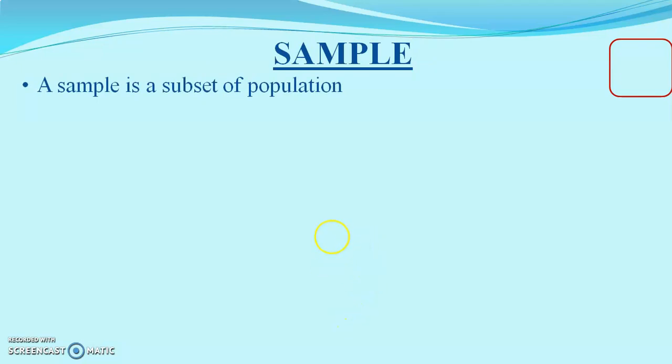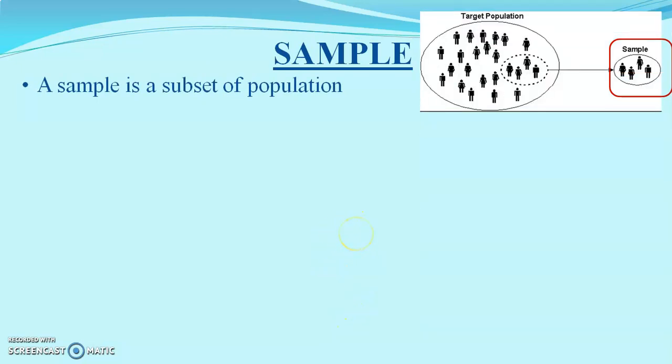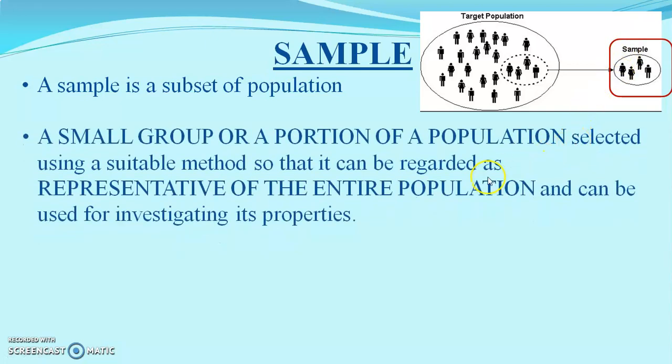Now see the sample. A sample is a subset of population. See this picture? From the target population of the study, we have selected only a few individuals, and that collection of few individuals is called the sample. Why should we select sample? A small group or a portion of a population. It's a small group or the portion of this total population. Selected using suitable methods.